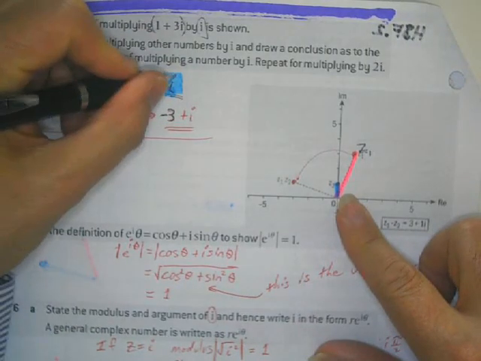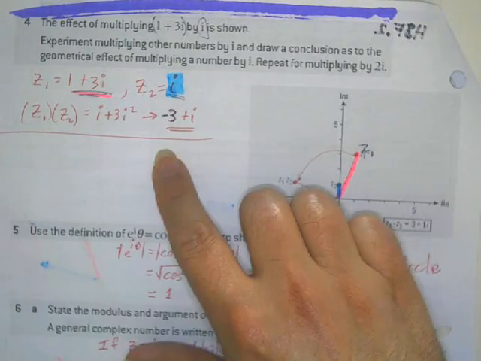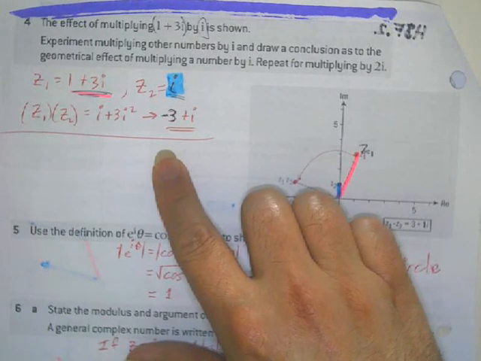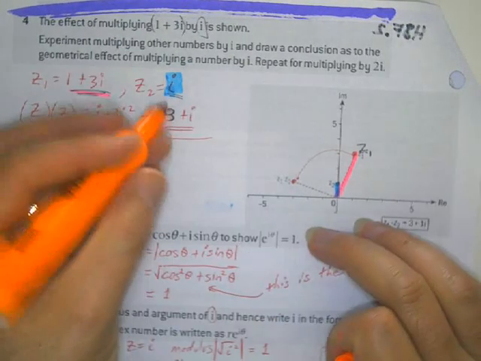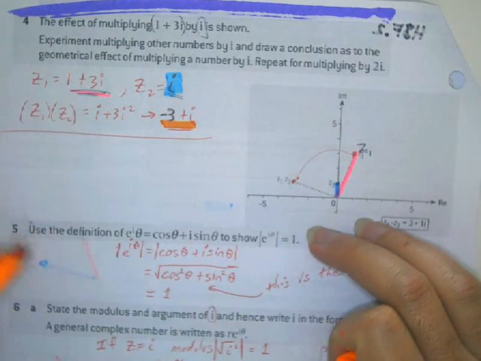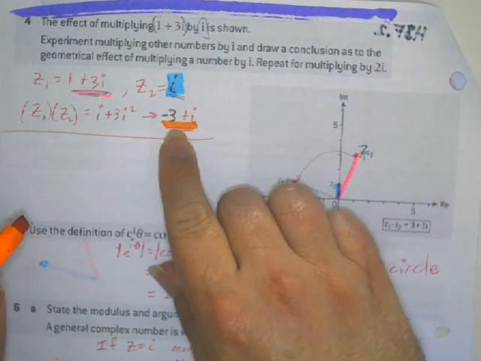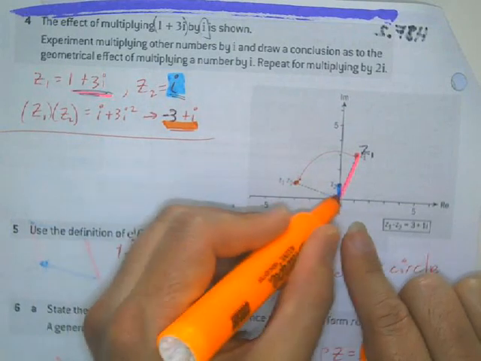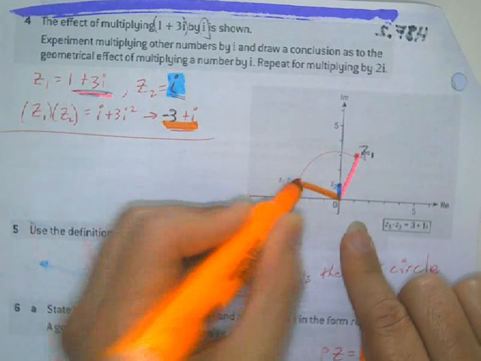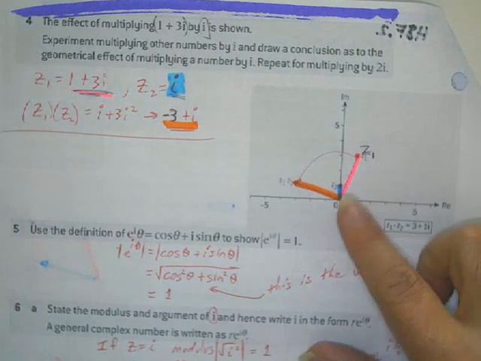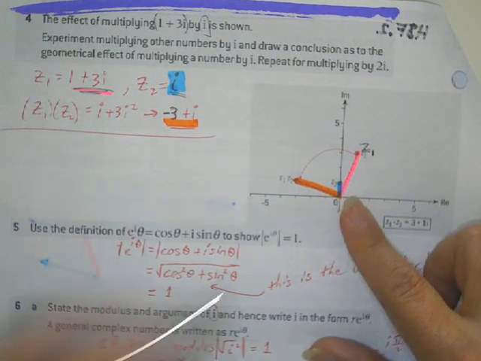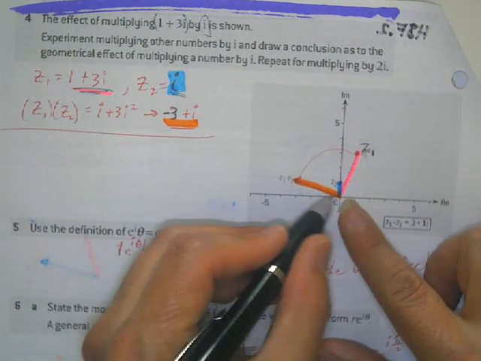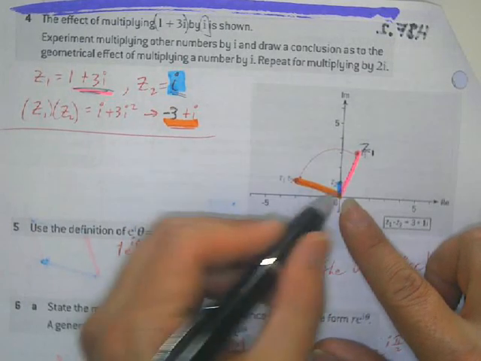And when I multiply those together, we got, let's use another color, negative 3 plus i. So we go negative 3 plus i. So notice the modulus of this is the same. The length of the pink line and the orange line is the same.